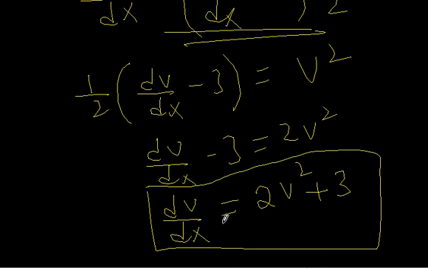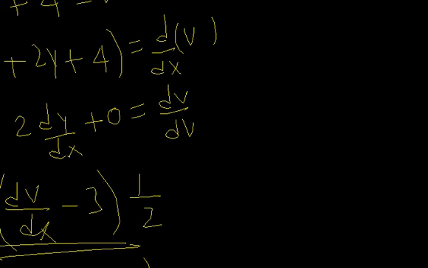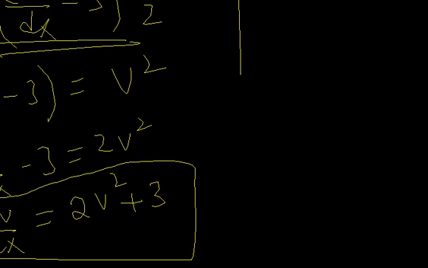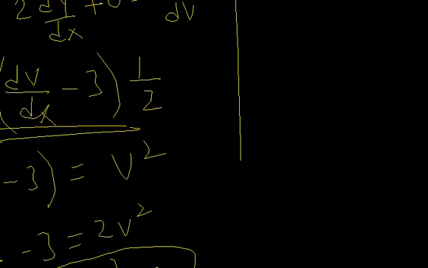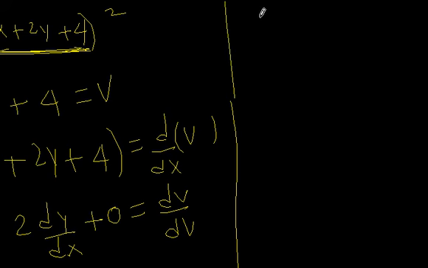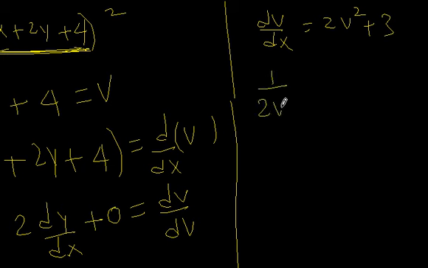We can separate it so that the coefficient of dv is v alone, and the coefficient of dx is x alone. Now cross multiply. So we have 1 over 2v square plus 3 times dv is equal to dx.